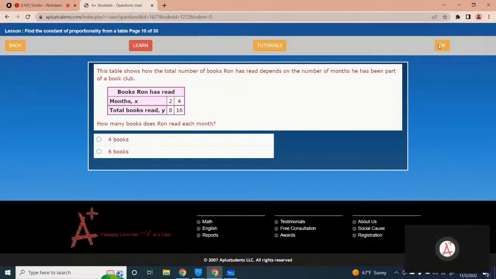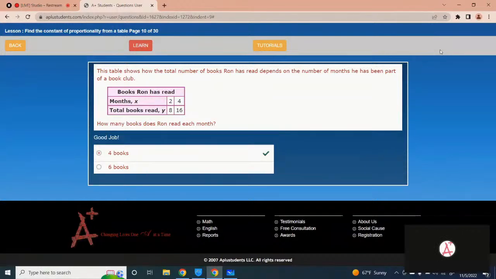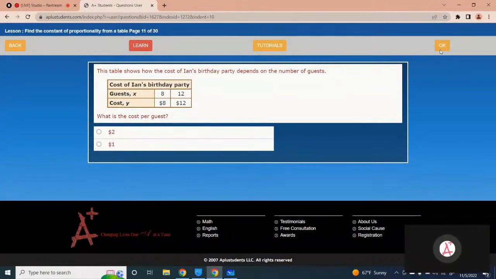So y is 8, so 8 divided by 2 is 4. Just select the correct option, then click on the OK button.